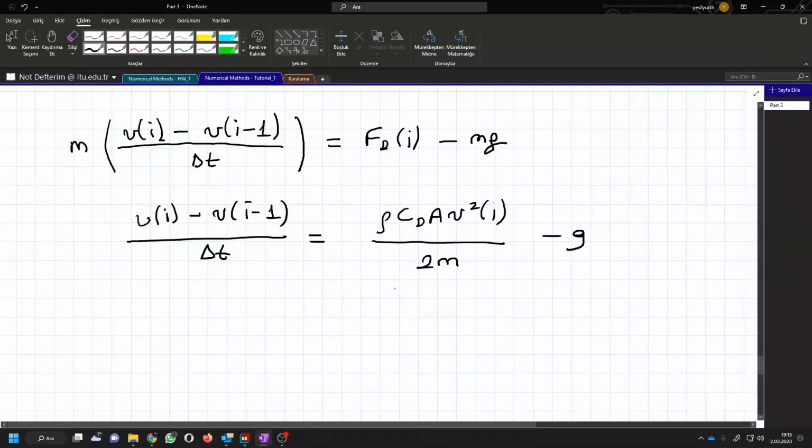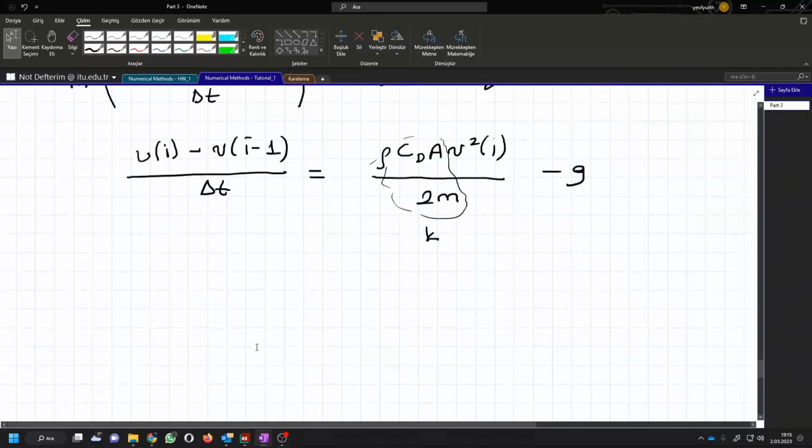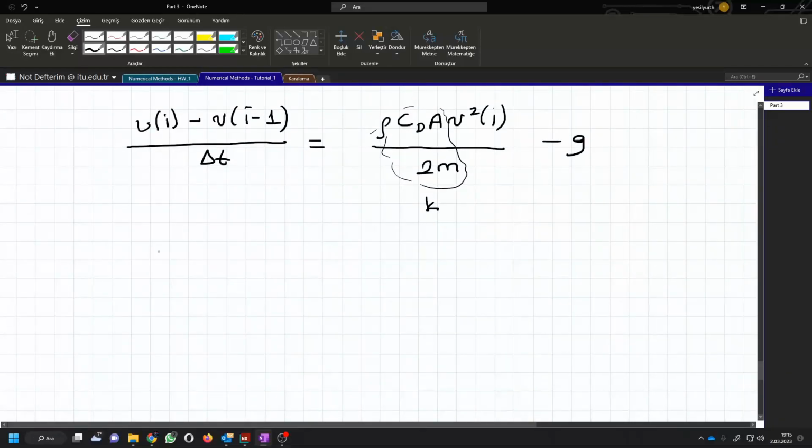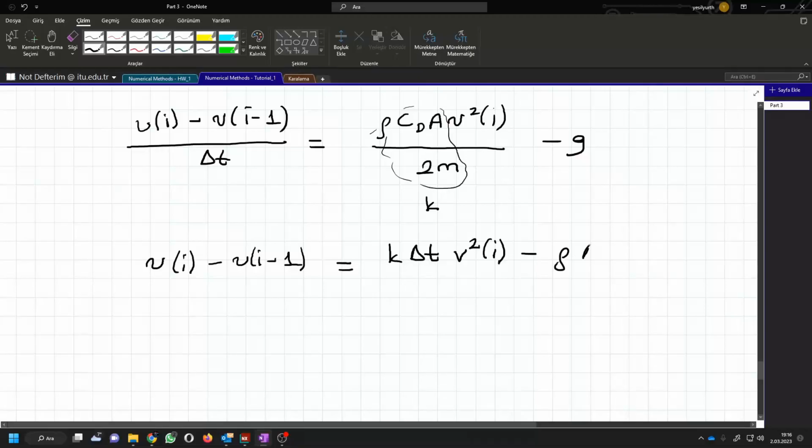I will denote this constant part with k, just as before. So Vi minus Vi minus 1 will be equal to k times delta t times square of Vi minus g times delta t.